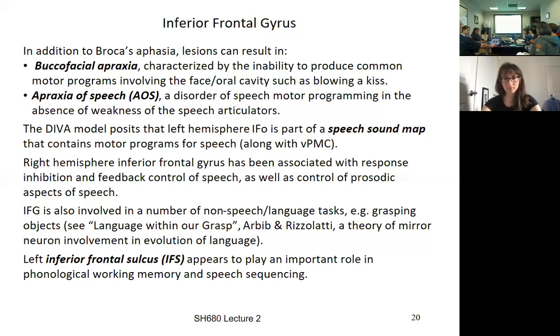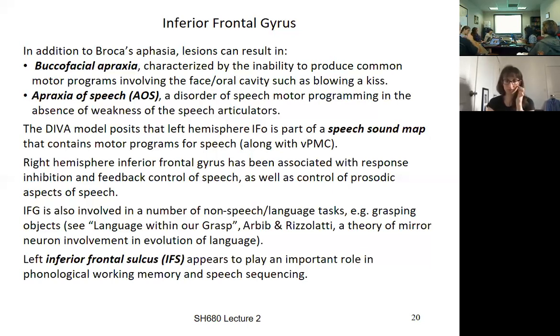Okay, the left inferior frontal sulcus, I'm going to call it that, but you can think of it as the very dorsalmost part of the inferior frontal gyrus and the very ventralmost part of the middle frontal gyrus. That sulcus in between those two gyri repeatedly shows up in studies of speech where there's a working memory component.